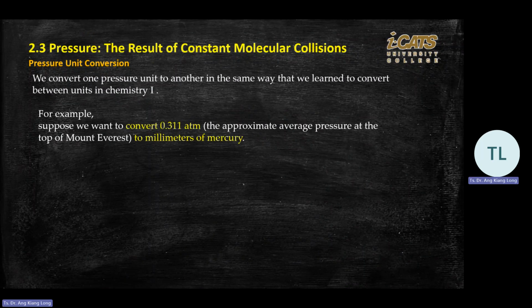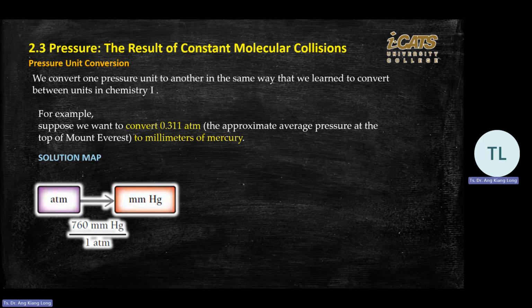Just a recall. Now, for example, the question asks you to convert 0.311 atmospheric pressure to mm of mercury. How do you convert? You know that you need to write 1 atm equal 760 mm Hg.